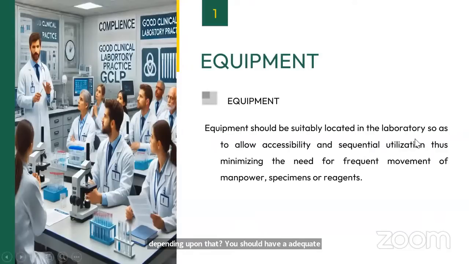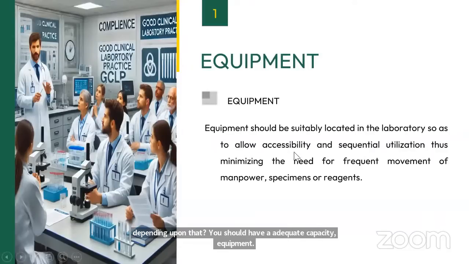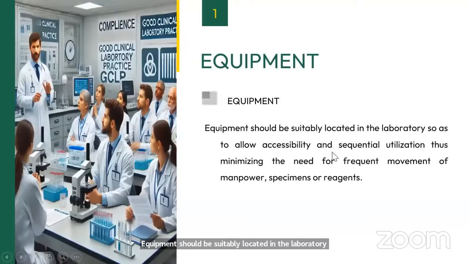Equipment should be suitably located in the laboratory to allow accessibility, sequential utilization, thus minimizing the need for frequent movement of the manpower, specimens or reagents. So equipment should be suitably located so that they are accessible. It is not like the equipment is dumped or cramped in a congested place and it is difficult to enter that area and not more than one person can go and work at a time.